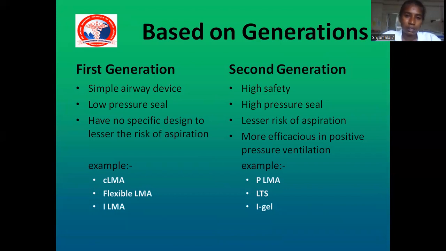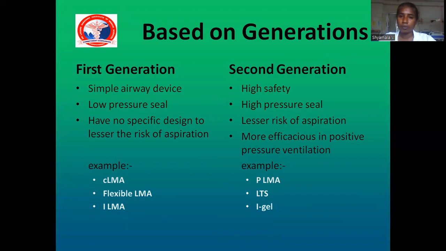If the sealing pressure is high, there is less risk of aspiration, and thus it is more efficacious in positive pressure ventilation. Usually in first generation we can't give positive pressure ventilation. We can use it for a small case, and maintain spontaneous ventilation because of its low sealing pressure.